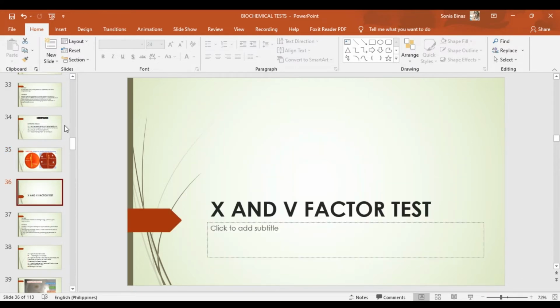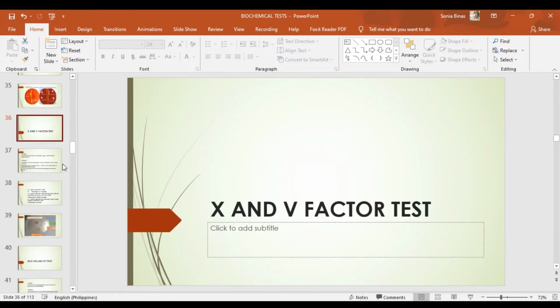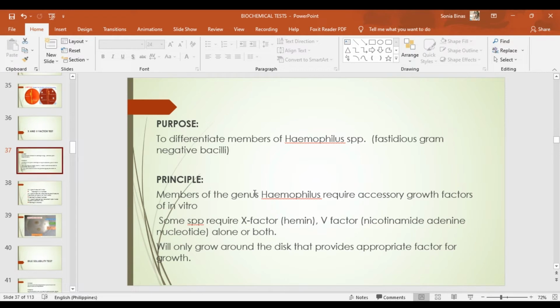So next is our V factor. V factor is used to differentiate members of Haemophilus or our fastidious gram-negative bacilli. So, members of the genus Haemophilus require accessory growth factors in vitro, and some species require X factor or hemin, while others require V factor alone or both.